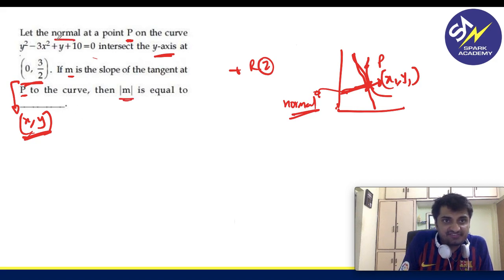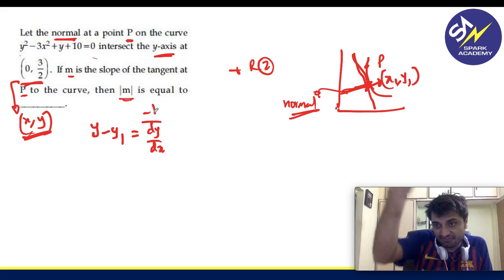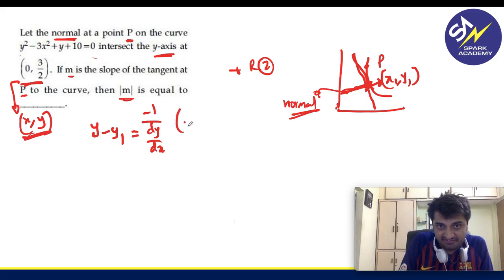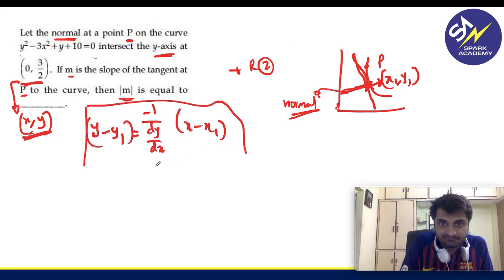So first, what is the equation of the normal? Y minus y1 is equal to dy by dx in the denominator with a negative sign in the numerator. You remember this? We had discussed this in equations of tangents and normals.